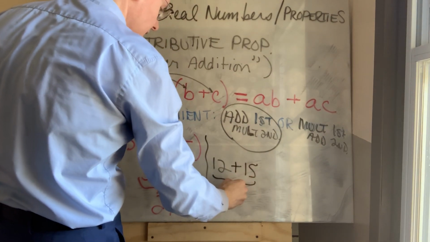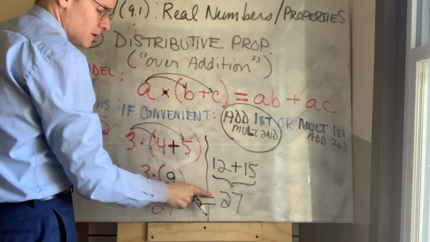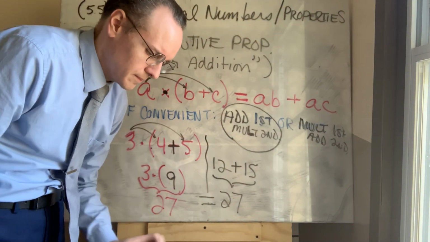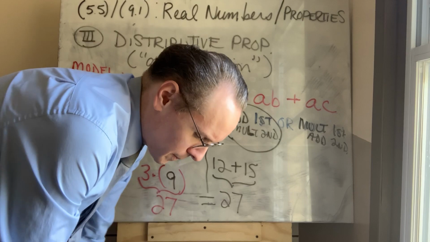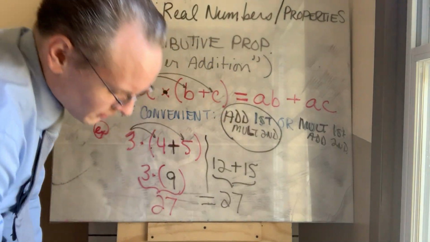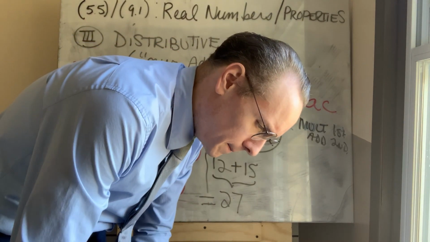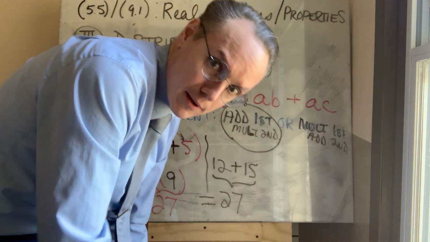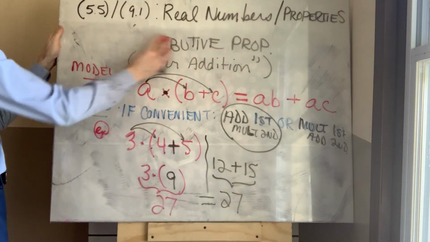And if you added those two things, you would nonetheless produce 27. And yeah, it's nice to have such freedom. It is sometimes more convenient to calculate in one way versus another. Here's another example where you might try that. Maybe you have already, you just haven't done it consciously.